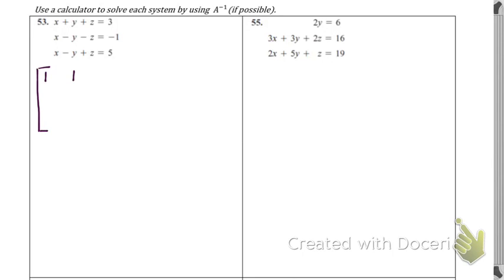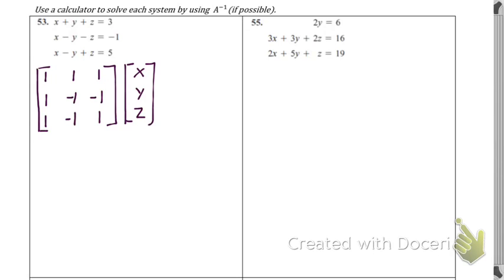So maybe I have 1, 1, 1, 1, negative 1, negative 1, 1, negative 1, 1, times, well, I have 3 variables, so it'll be x, y, z, and that's going to equal 3, negative 1, 5. Let's call the first matrix A, and I'll call this matrix B.